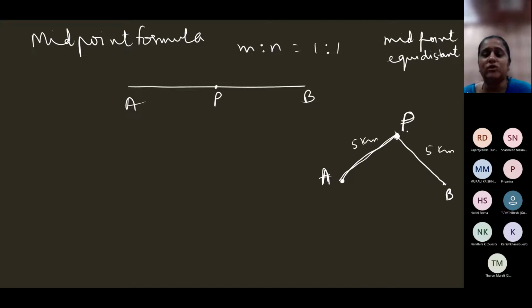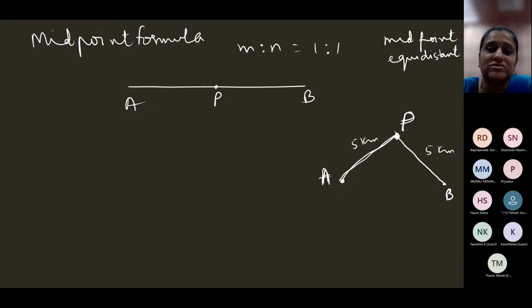That means PA is equal to PB. The distance PA is equal to the distance PB. That means P, your house, is equidistant from A and B. So here P is at equal distances from A and B. So we say P is equidistant from A and B.